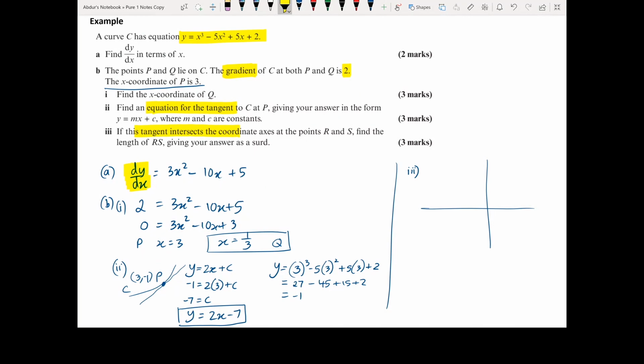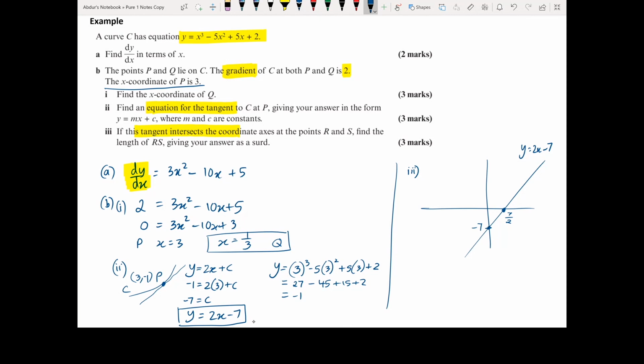We know the gradient of the tangent is 2, and it intercepts the y-axis at minus 7, so it looks something like this. It intersects the x-axis here when y is 0. When y is 0, x is 7 over 2. So we've got our intersections drawn here.